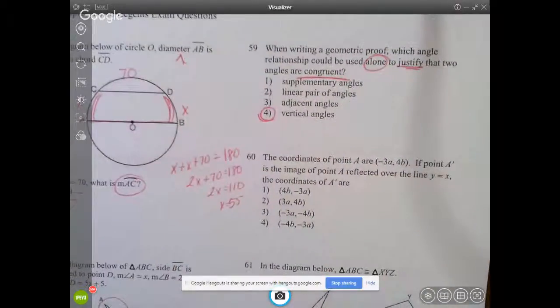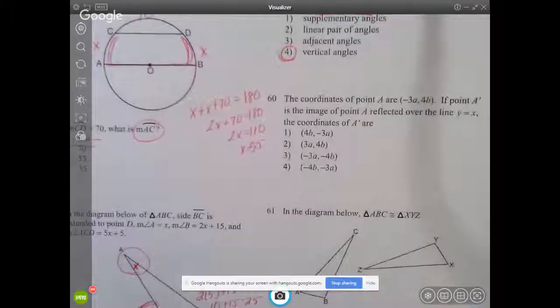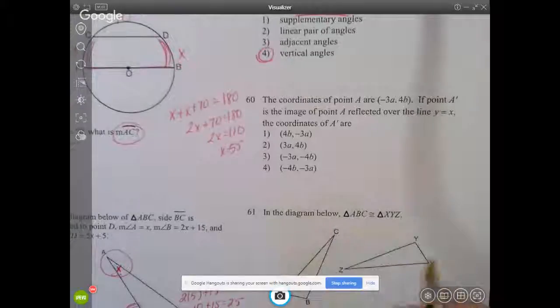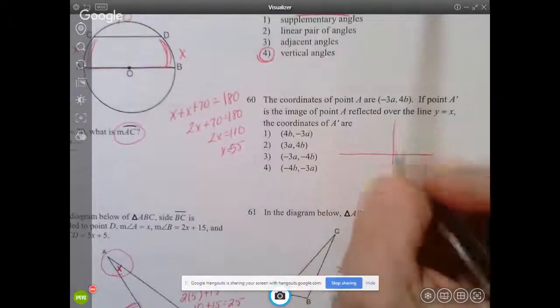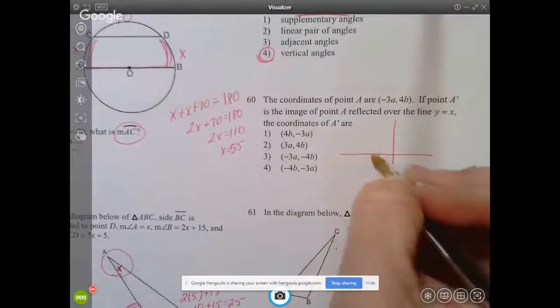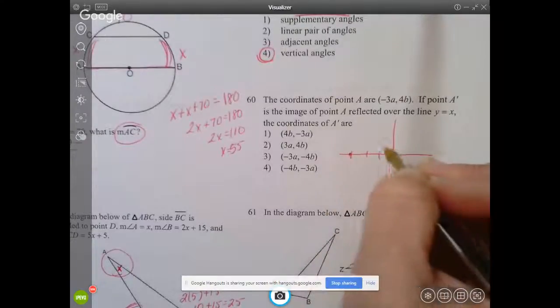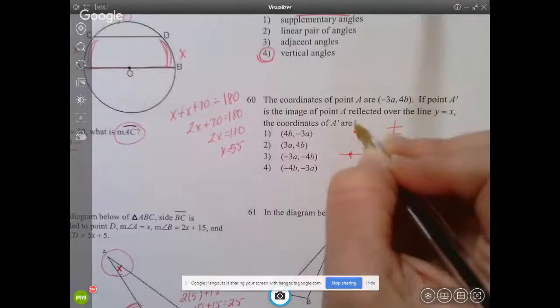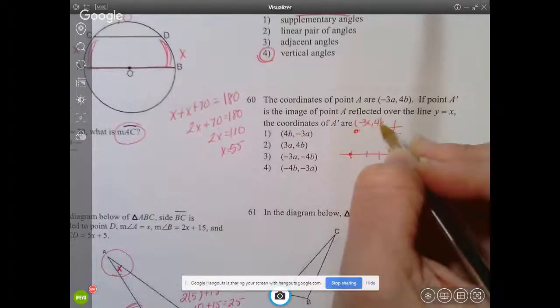All right. Number 60. The coordinates of point A are negative 3a, 4b. So I'm going to have these be a. Here's negative 3a. These are going to be b. So right here, negative 3a, positive 4b.